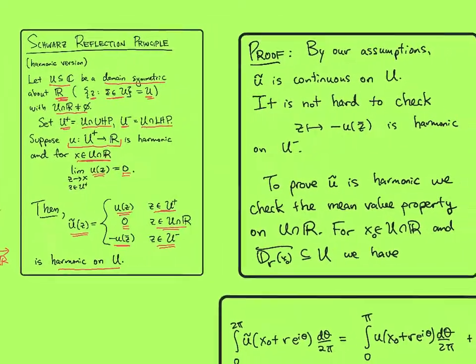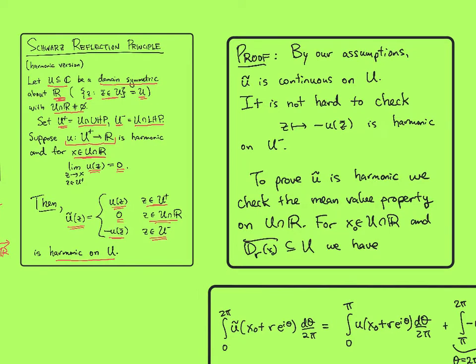Okay, so how do we prove the Schwarz reflection principle from this? By our assumptions, U tilde is continuous on the whole domain U. By definition, it tends to 0 as you tend to the real line, and this function is just a continuous transformation of U, and it tends to 0 as you tend to the real line as well.